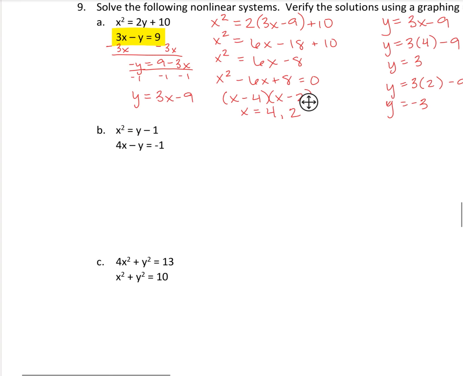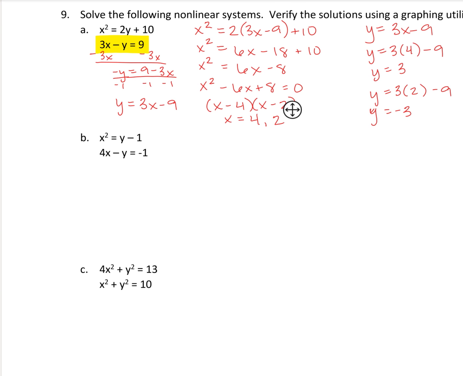All right, now looking at my next one, it's very similar to the previous one. So I know I'm again going to have to put it into y equals. I'm going to put the top equation into y equals, so I'm going to move that 1 to the other side. Plus 1, and it'll be plus 1, so that I get y equals x squared plus 1.